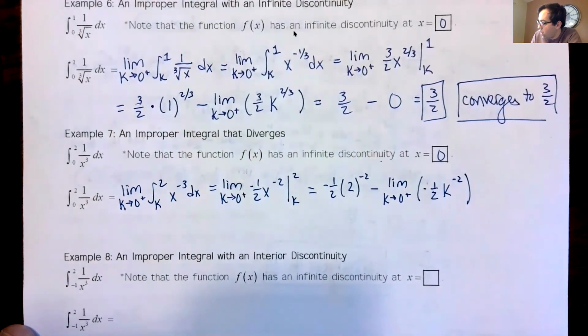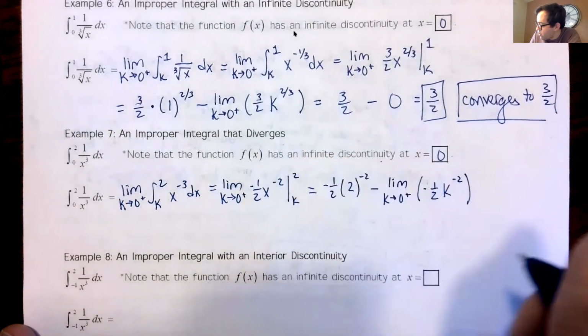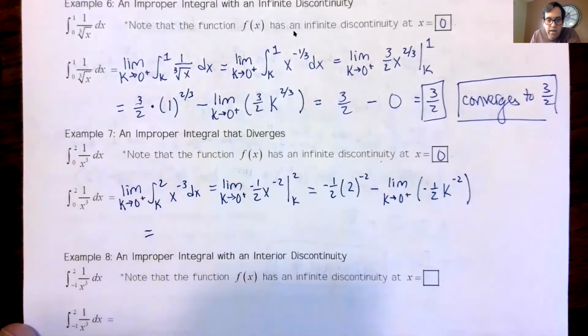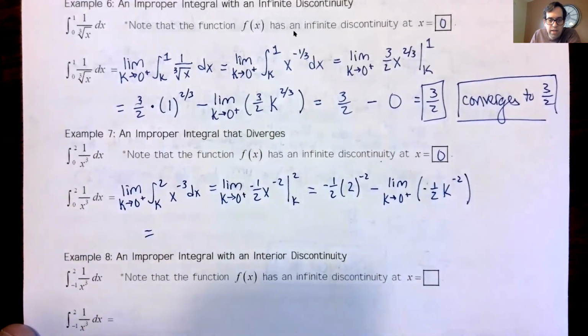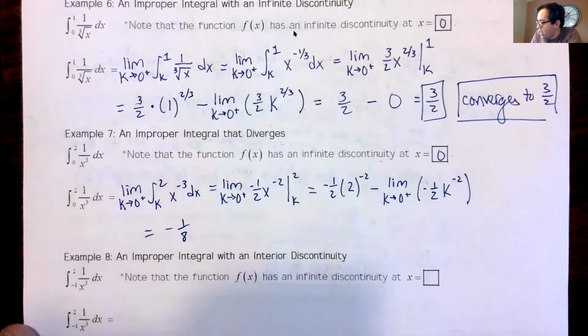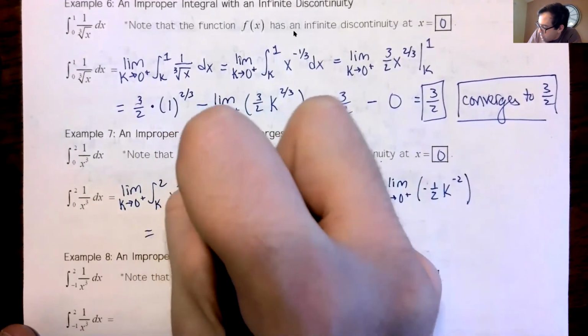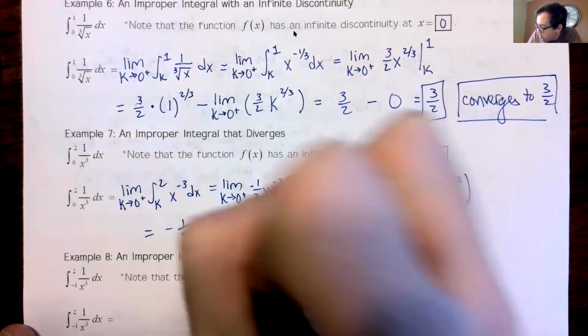And so I could evaluate that first part, and it would become 2 to the -2 is 1/4. So we have 1/4 times a half, which is 1/8. So we get -1/8 minus, I'm just going to rewrite this limit statement for a second here so we can kind of examine it.